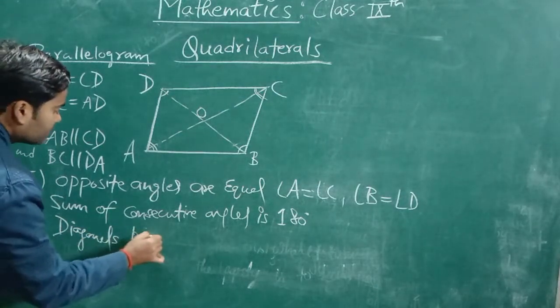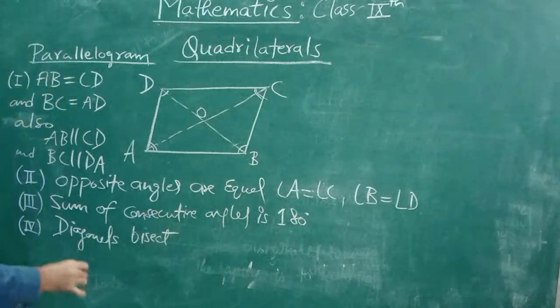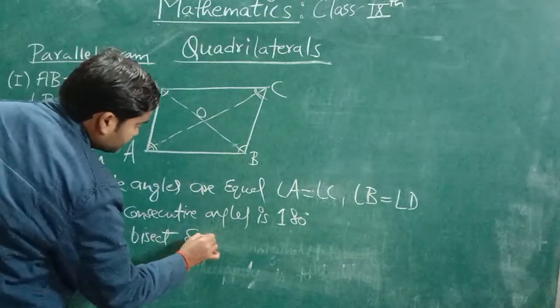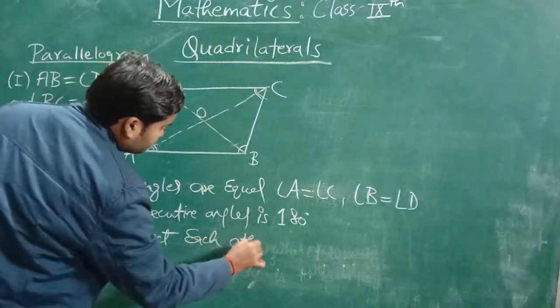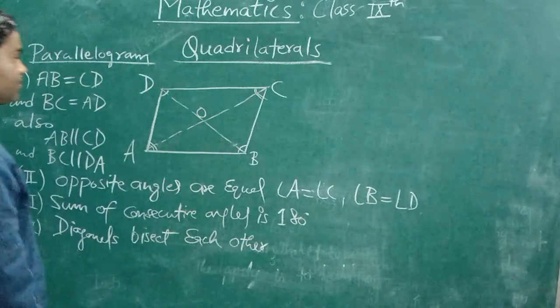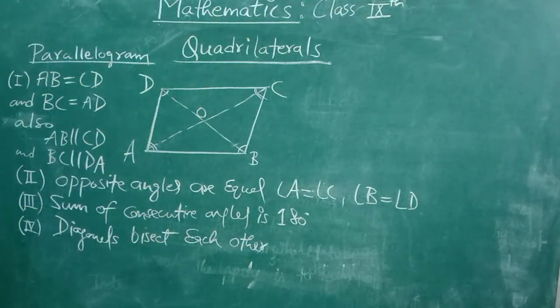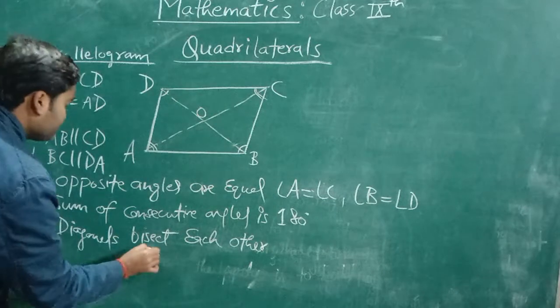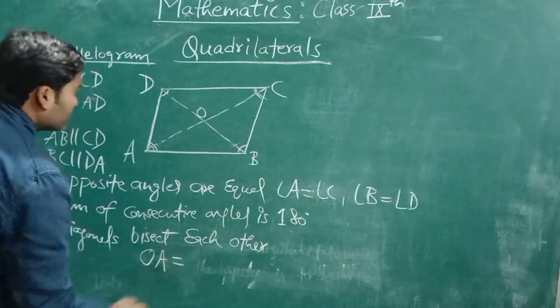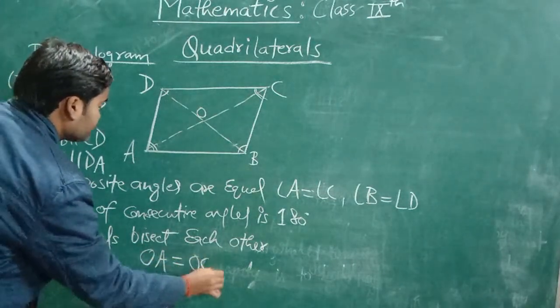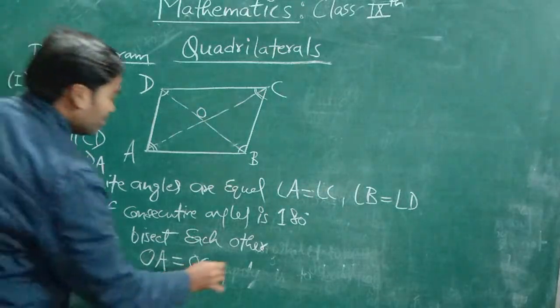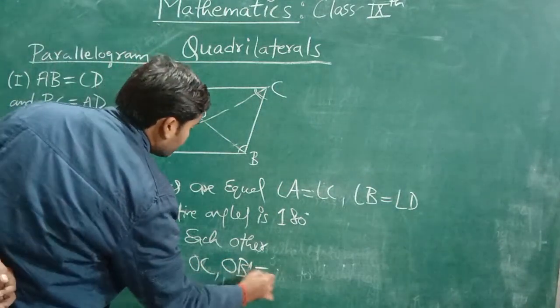Diagonals bisect each other. That is, OA is equal to OC and OB is equal to OD.